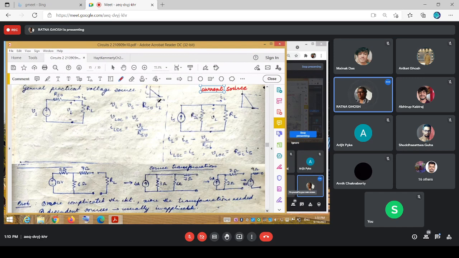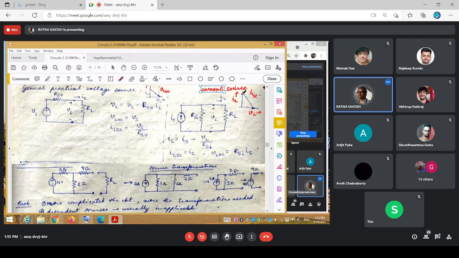This would also be VFL, this would be IFL, and this is VLOC, and this is ILSC. An ideal voltage source would supply its voltage irrespective of current drawn.